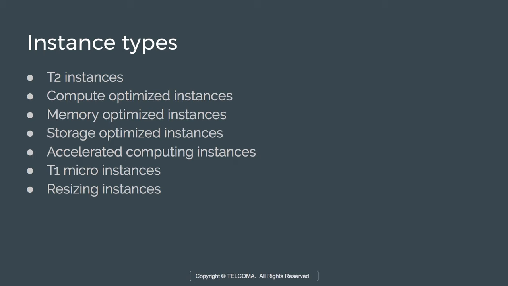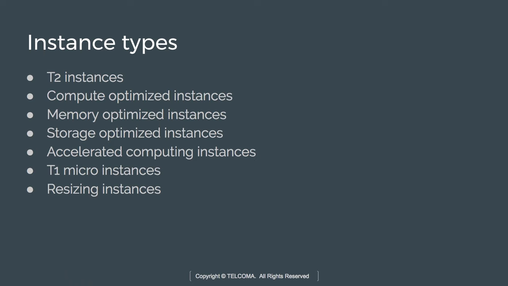These provide a small amount of consistent CPU resources and allow us to increase CPU capacity in short bursts when additional cycles are available. They are well suited for lower throughput applications and websites that require additional compute cycles periodically. We have resizing instances. Resizing means changing the size of the instance simply by changing the instance type.